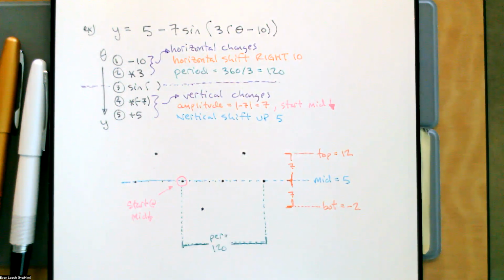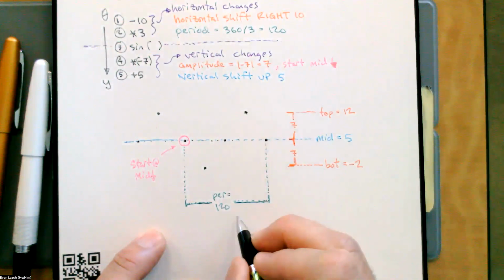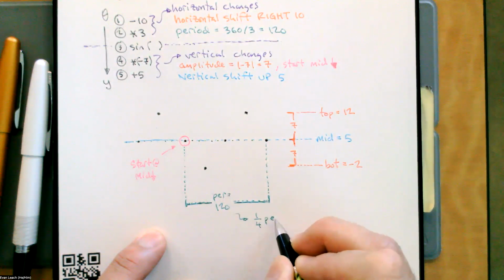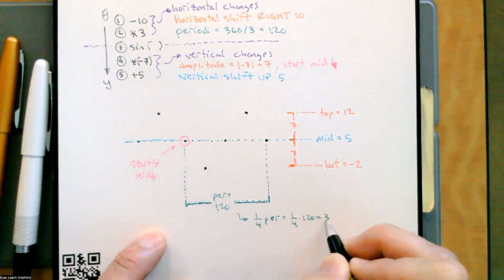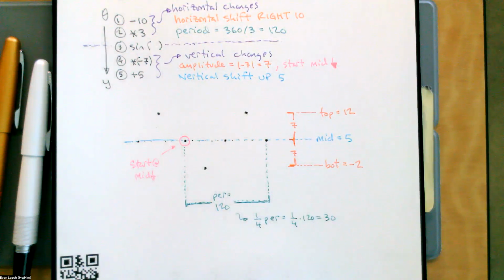So each quarter of the period, each quadrant, is going to be 1/4 of 120. Half of 120 is 60, half of that is 30. So a quarter period, these named points, are 30 apart.